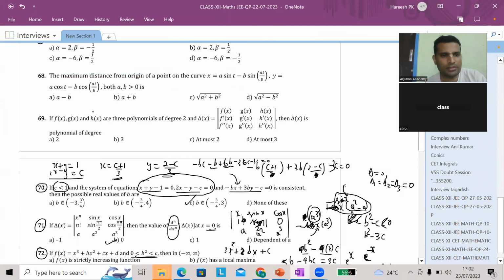Okay, next one I think is easy. If f, g, h are 3 polynomials of degree 2, for simplicity's sake, what we can do? We can just put simple things here. We can put this as x square plus 1, call this as x square plus 2, call this as x square plus 3.